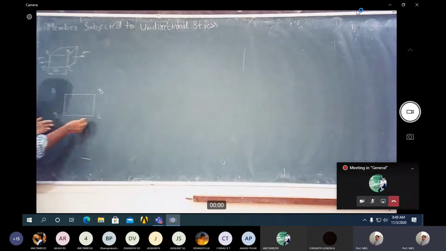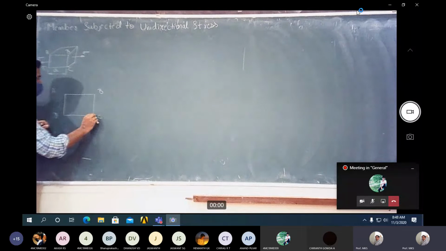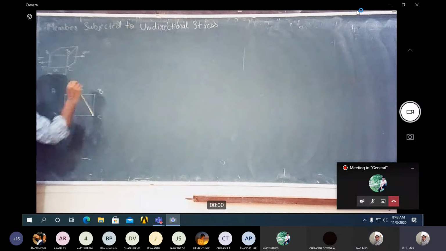So let me take some plane which is inclined at a certain angle inside the cube.